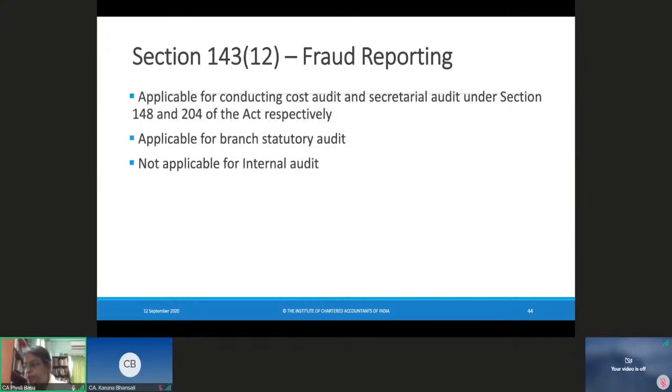It may not be possible for an auditor to detect the same, since the sales and purchase transactions are not recorded in the books of the company. So these are the things we need to keep in mind, and of course we will be guided by auditing standard 240 while planning and performing the audit. These are the few things you have to keep in mind for exam purposes, please.